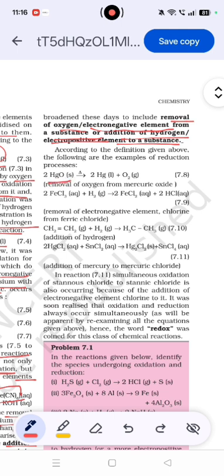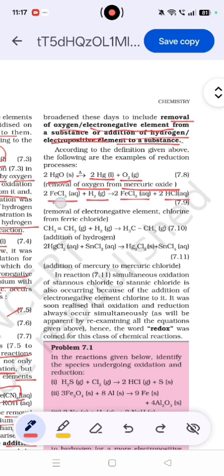See here, mercury oxide, HgO. It splits up to form mercury and oxygen by heating. Here, from mercury oxide oxygen is removed. So, removal of oxygen is also reduction. Next one is FeCl3 plus H2 will give you FeCl2 plus 2HCl.